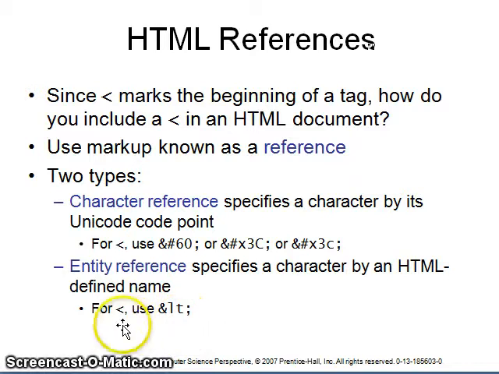If I want to display the greater than symbol, I have to use ampersand gt semicolon. Character reference means instead of a mnemonic, we use a Unicode code point. For example, to represent the less than symbol, we can use ampersand hash 60 semicolon or the corresponding other values. So this is a way of representing it.